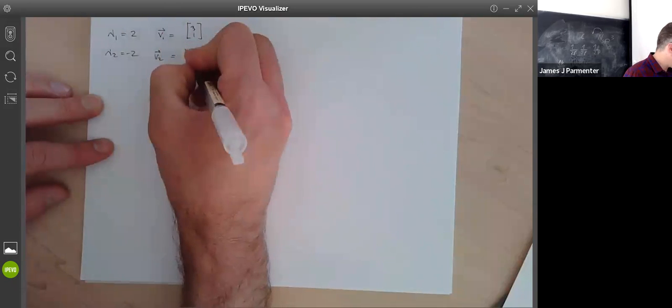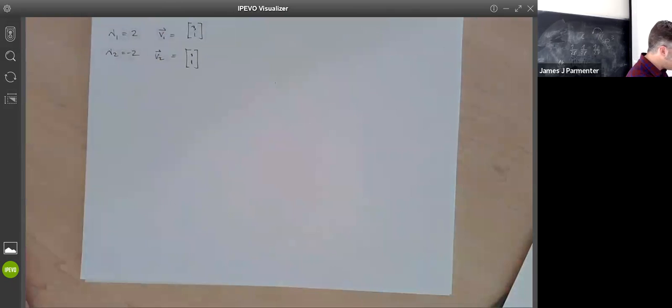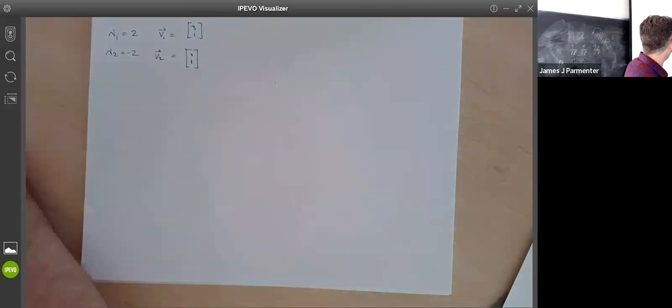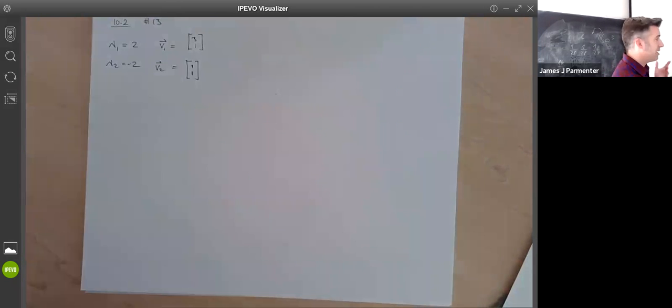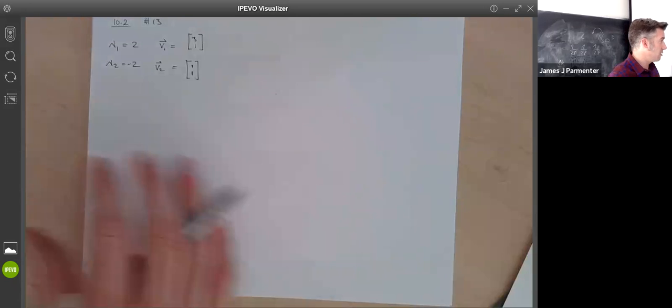We are being asked to sketch several solution curves in the phase plane of the system of differential equations using the given eigenvalues and eigenvectors. Okay, so we don't even get to draw the null lines here because we aren't given the differential equations. So you don't absolutely need the null lines, but we definitely do want the eigen lines.